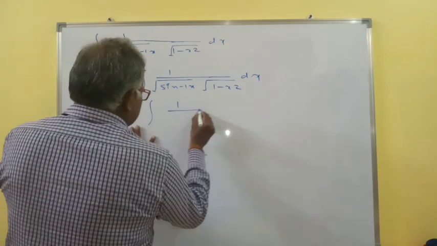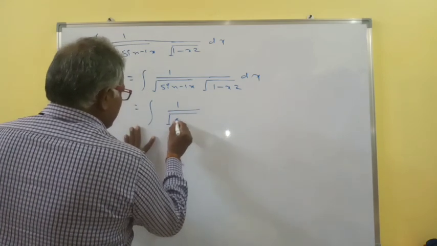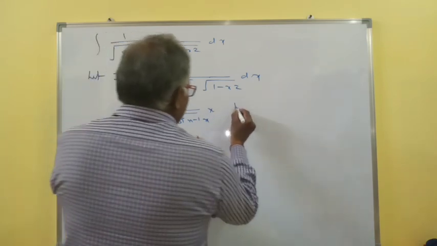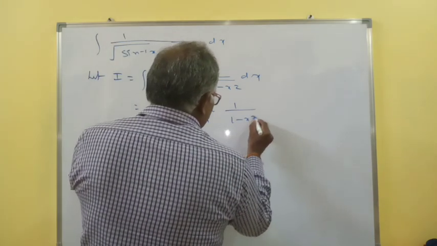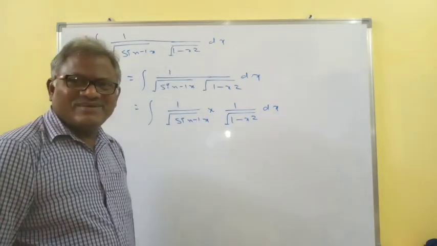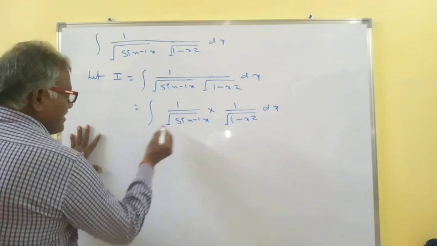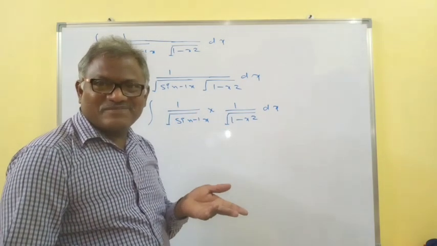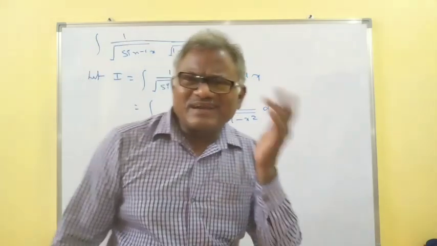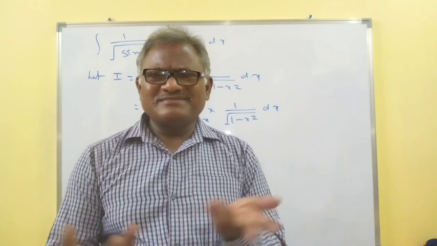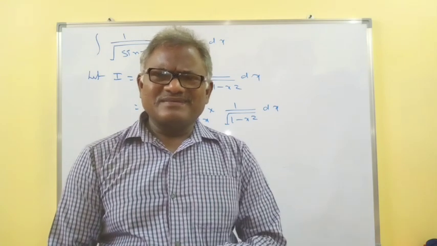First of all, you should write the given question like this: 1 by root of sin inverse x into 1 by root of 1 minus x square dx. Okay. So now clearly here, f dash x by root f of x. No problem. But if you forget the formula, 1 mark will be deducted.